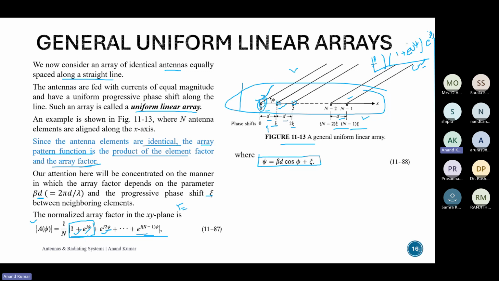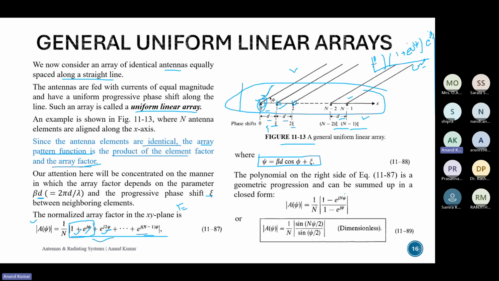Now, one thing that we can notice is this is actually a geometric progression, and we have one standard formula for the summation of geometric progressions. So this is high school mathematics.